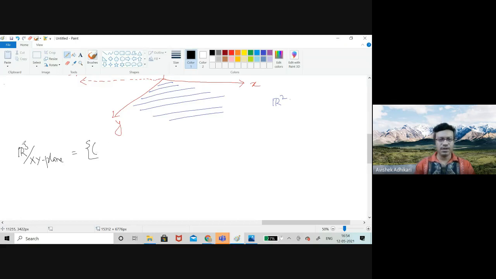So take some element from R3, say A, B, C, plus the xy plane. It is a set, not a point, a collection of points: some x, y, and z coordinate is 0, such that x, y belong to R, right?